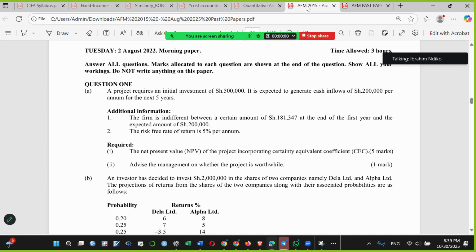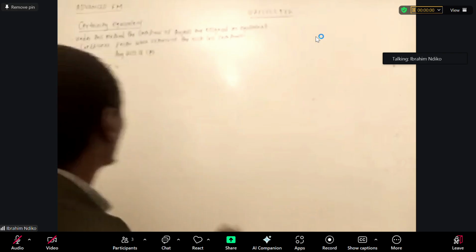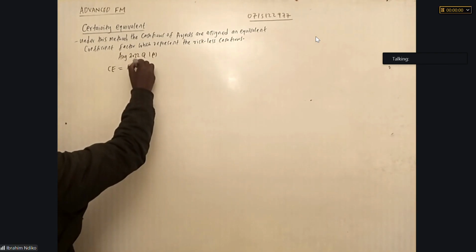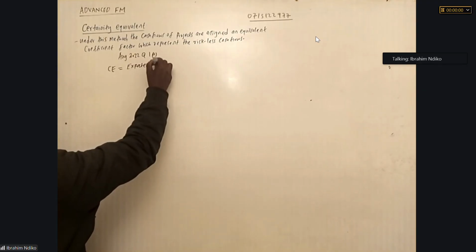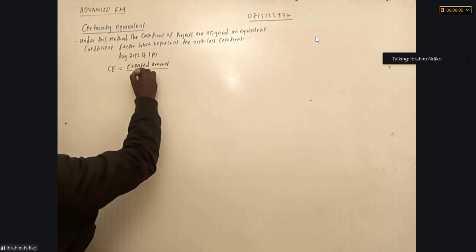Let me stop sharing. Now, looking at this additional information, we shall use information number 1 to compute the certainty equivalent. So we compute it by dividing the expected amount, the certain amount.